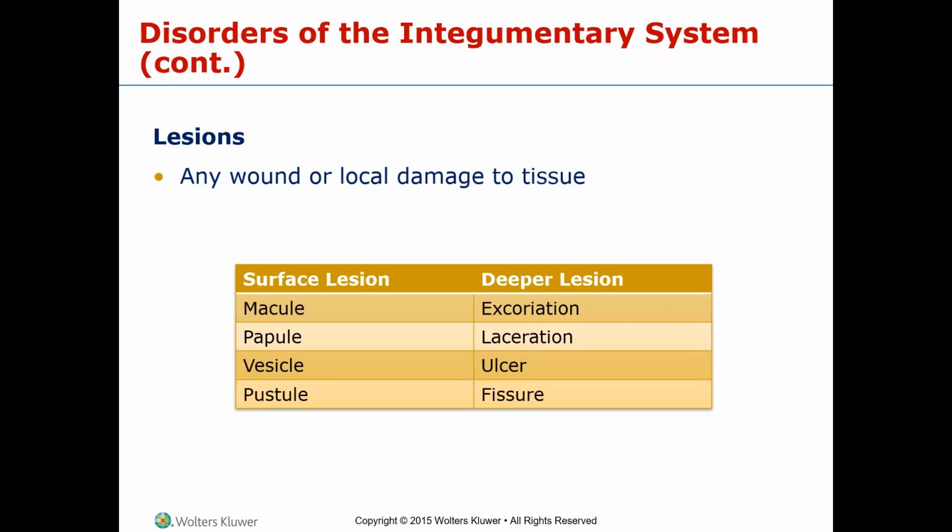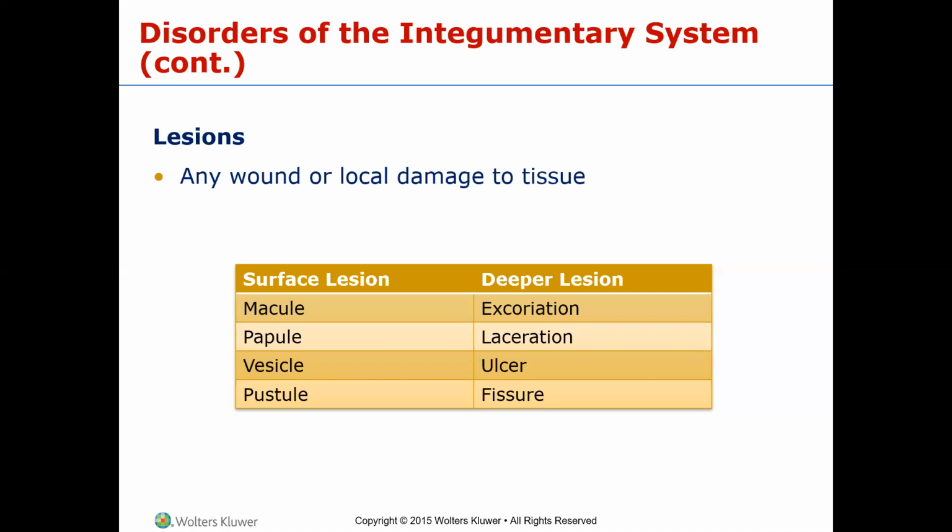They're neither raised nor depressed. This is typical with measles. And then you have the papule, and the papules are raised, and they are oftentimes found in various stages, such as in chickenpox and in syphilis.